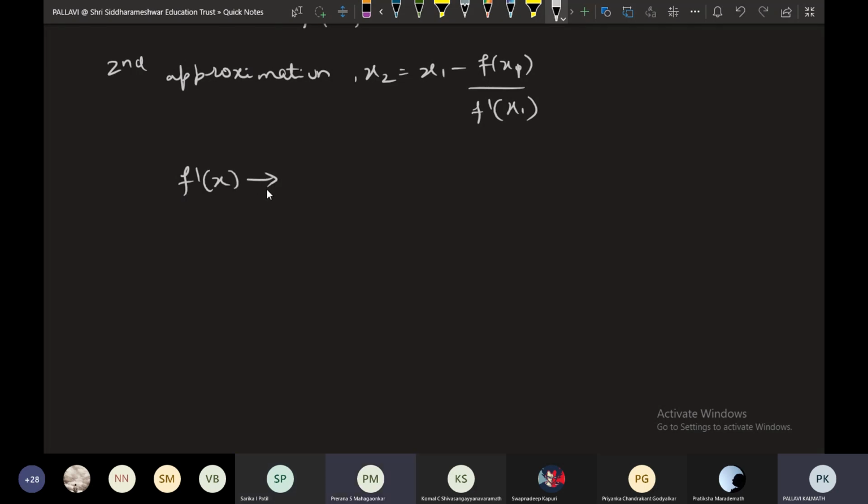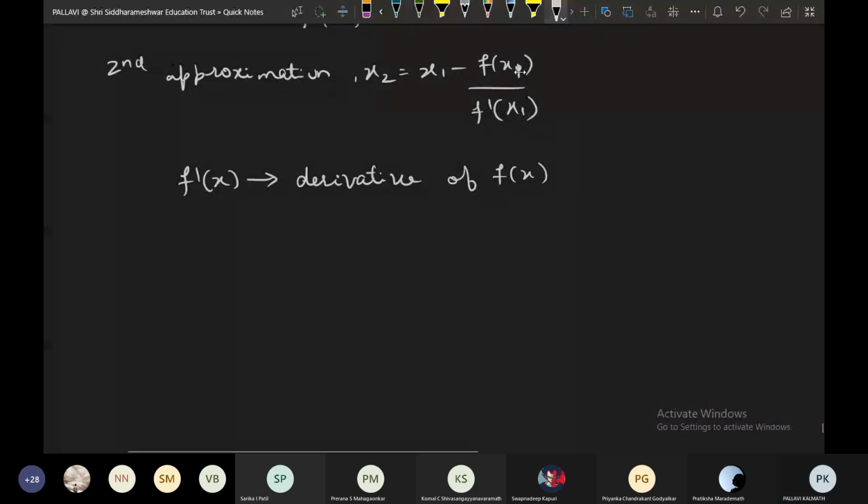In the second approximation, is it f of x1 divided by f dash of x1? The numerator is also x1. So I will delete and write it once more.